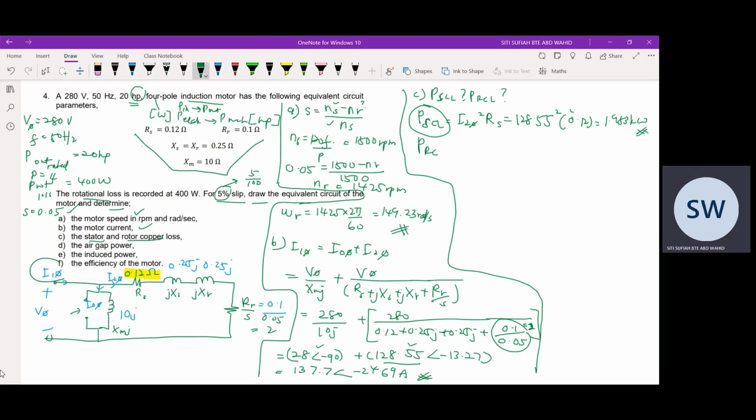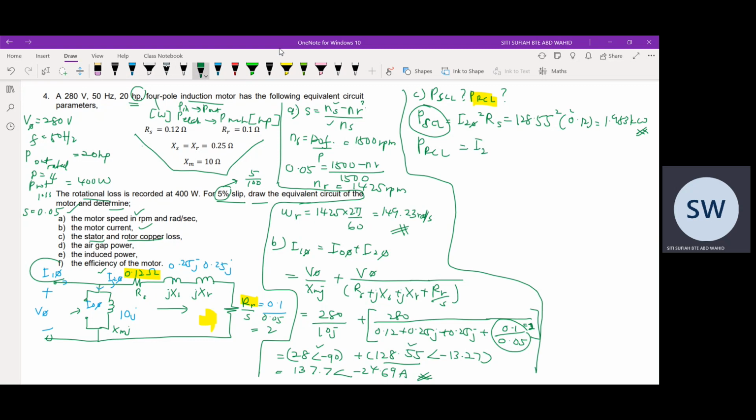While PRCL, rotor copper loss, is the loss at RR, rotor resistance. Although in this equivalent circuit it is combined to become air gap resistance, if the question asks for rotor copper loss, since the rotor is also located at the back here, the current that flows through it is still I2 phase.